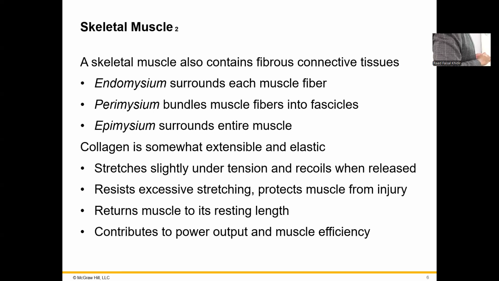So collagen is somewhat extensible and elastic, and it stretches slightly under the tension and recoils when released. So collagen is what type of protein? Primary, secondary, tertiary, or quaternary? Primary is a long bead, a linear chain.